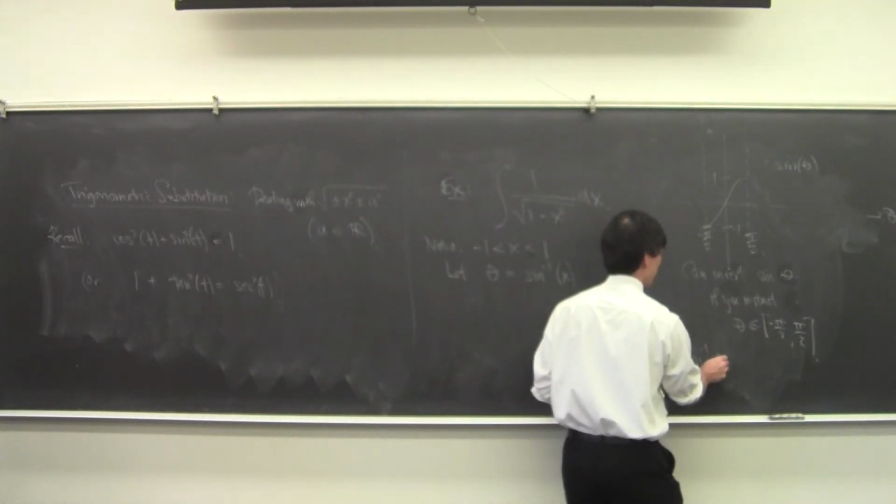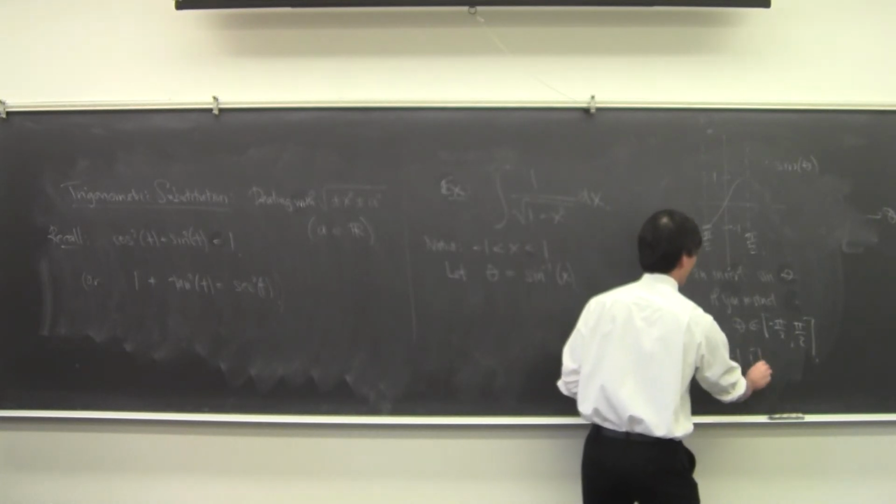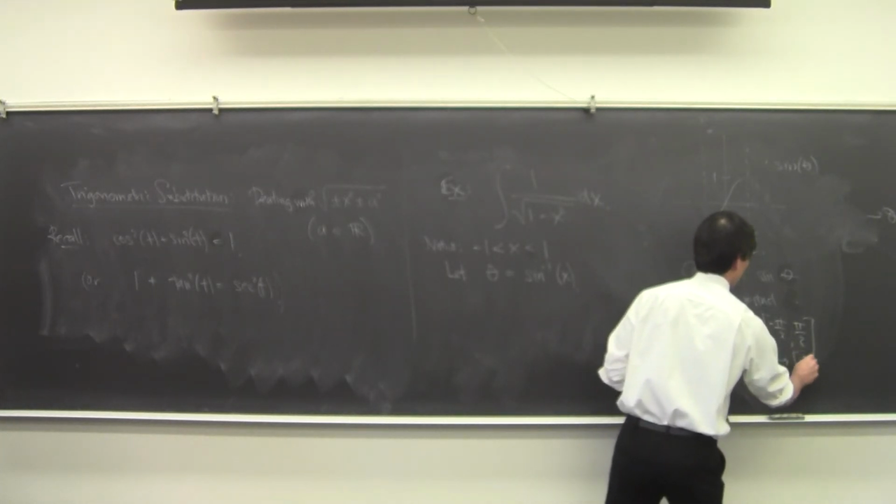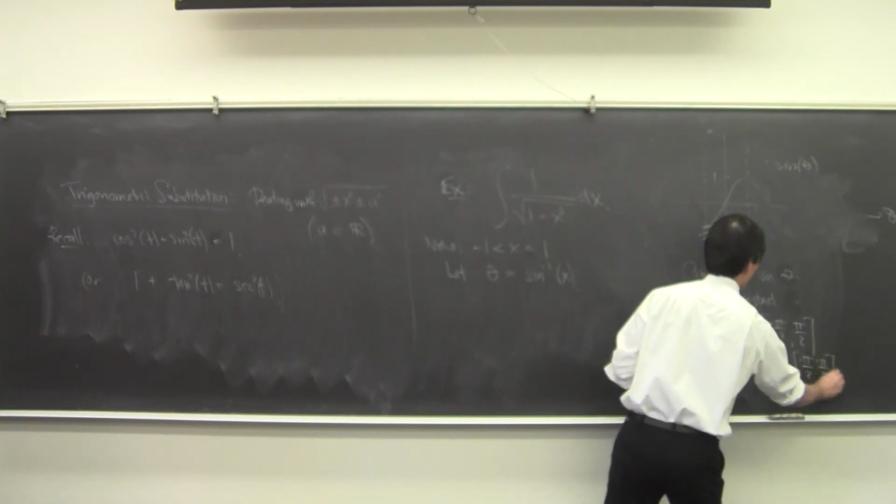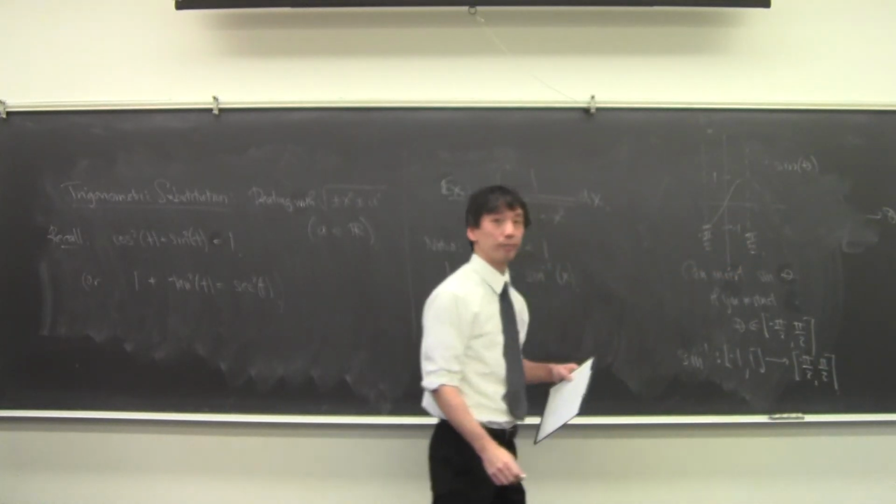Sine inverse goes from -1, 1 back to -pi/2, pi/2.